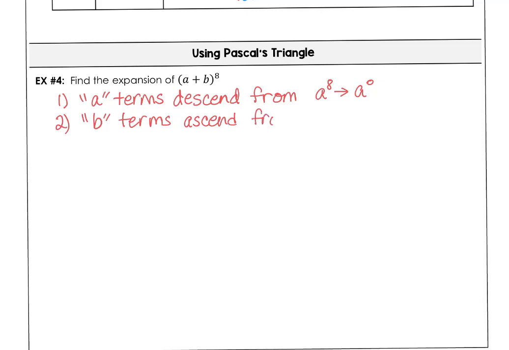And they'll start out in our first term. It'll be b to the 0, and we'll finish with b to the 8. And then the next or last piece of information we need to realize is that we're multiplying each term by the coefficient in the 8th row.